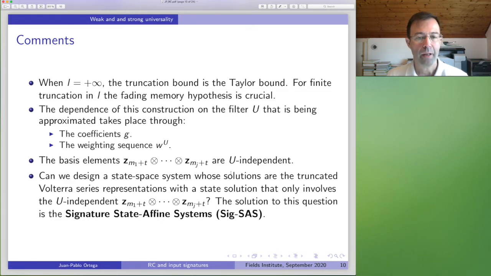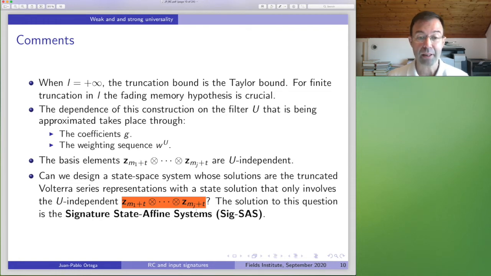So this is what we are going to do: we are going to find a state space system whose solutions will be these terms. And then the solution to this question will be this signature state affine system. Signature because it resembles very much this signature process that you find in the factorization of the solutions of controlled stochastic differential equations with a linear readout.